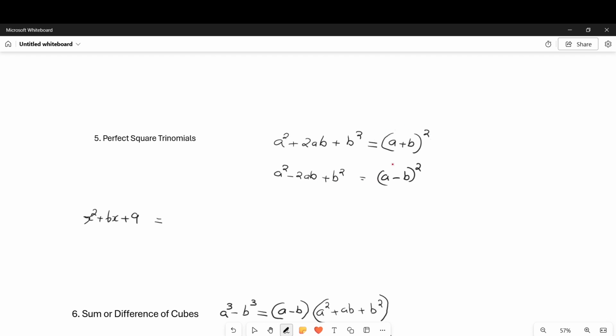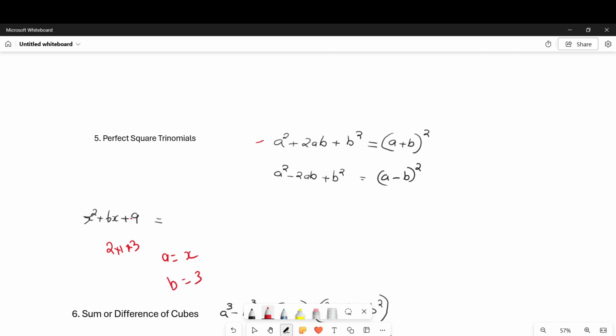So whenever you have an expression like this, keep in mind you can directly use this one. Let's expand this thing. This is x square. What is this term here? Here is 2ab, right? So 2 times 1 times 3. This is 2ab. So what is a here? A is equal to x and b is equal to 3.